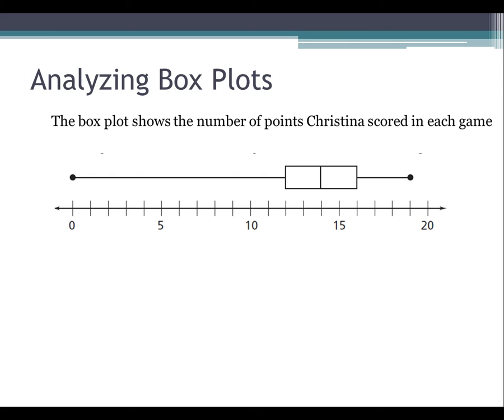So what is the average points per game that she scores, Sparrow? 14 is correct, because that's where that line is in the middle of the box. Okay, what's the maximum amount of points she's ever scored? Yeah. 19 points. She has scored 19 points.